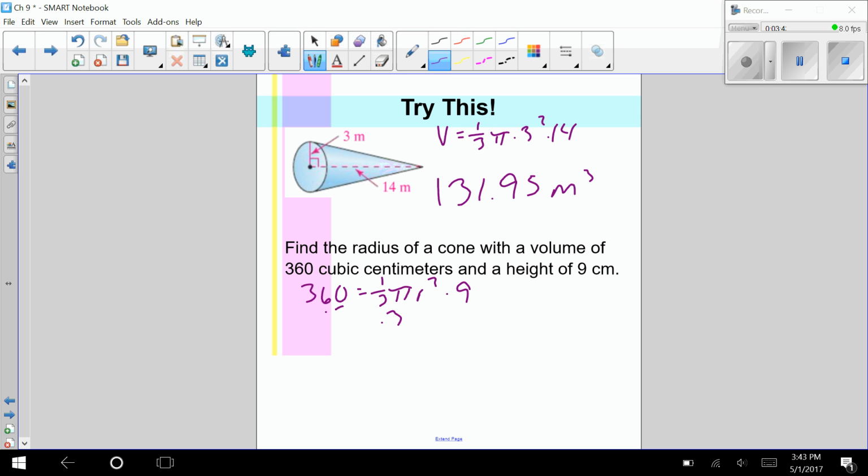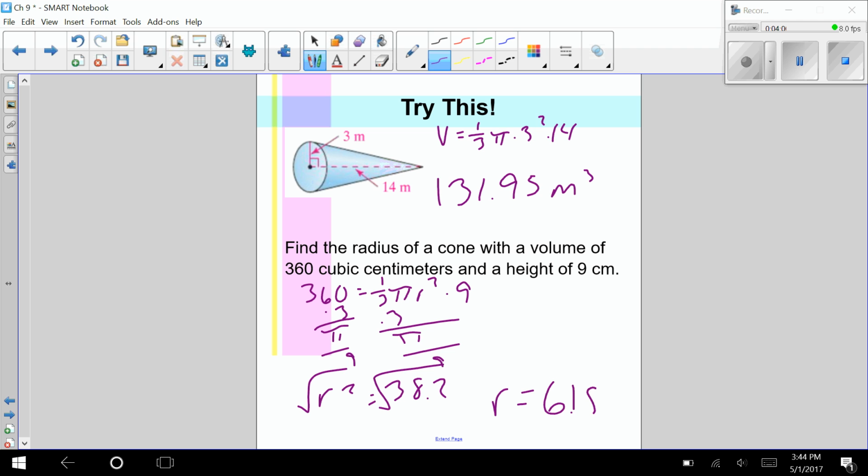Multiply by 3, and then divide by pi, and divide by 9, to get r squared equals 38.2. Take the square root of both sides to get r equals about 6.18 centimeters.